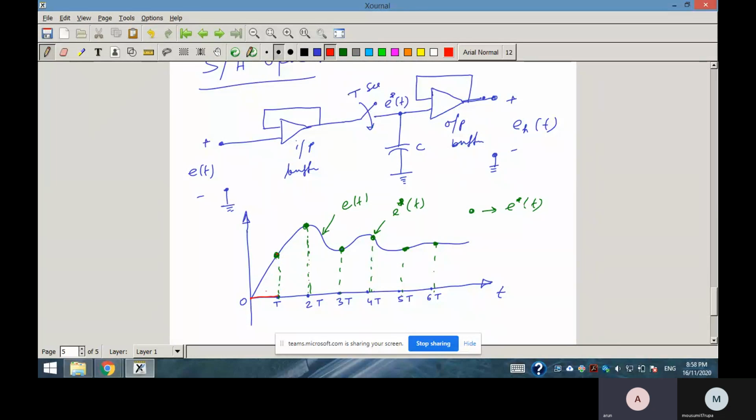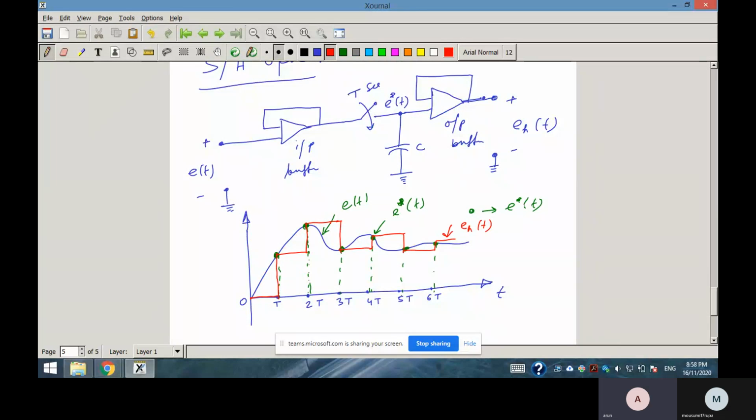Then it will be like this, and then again like this, and again like this. So this is your EHT, the hold output. Okay, so this is your blue color.